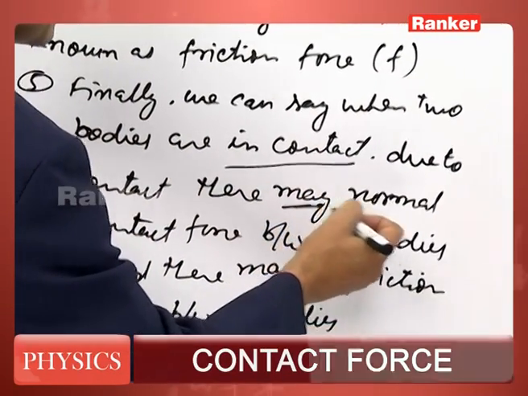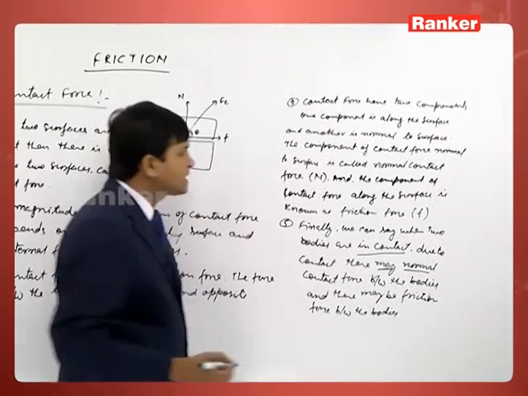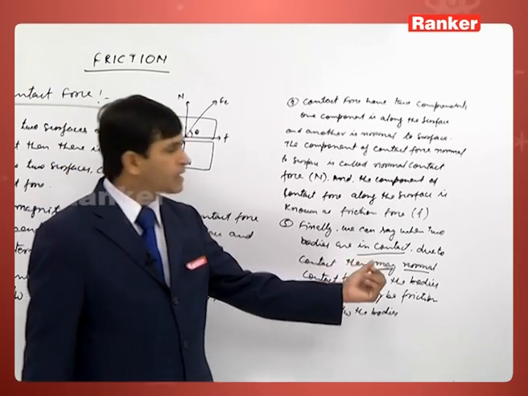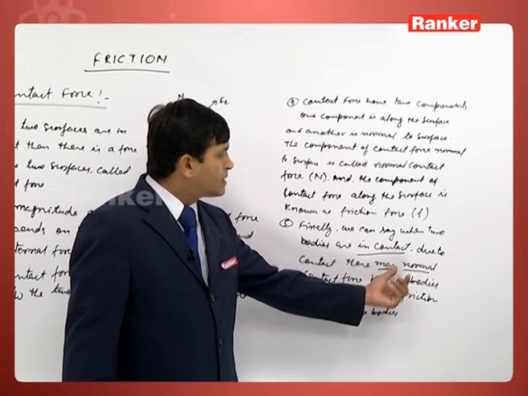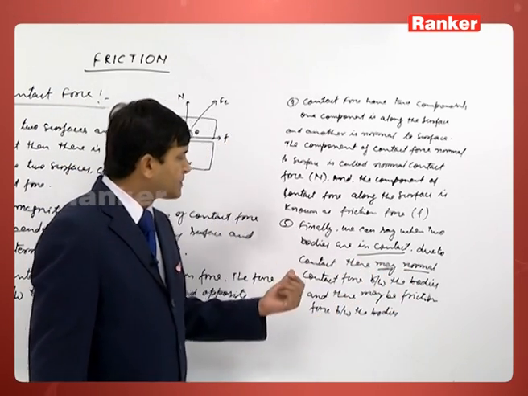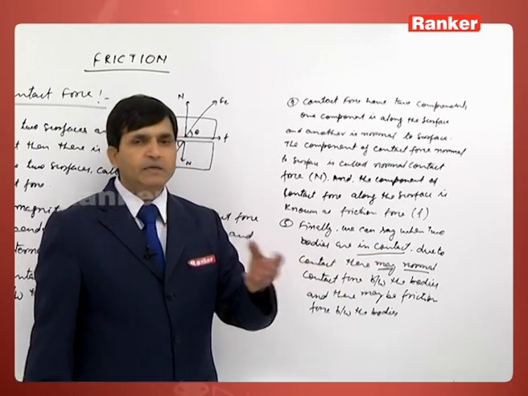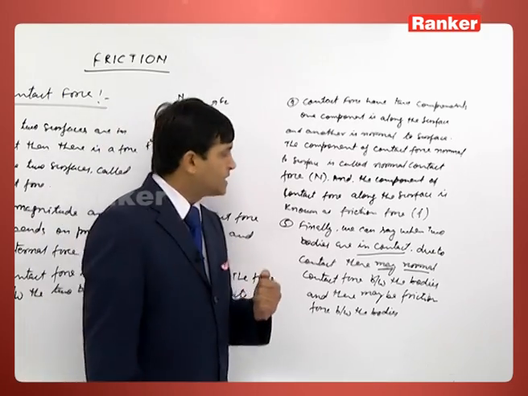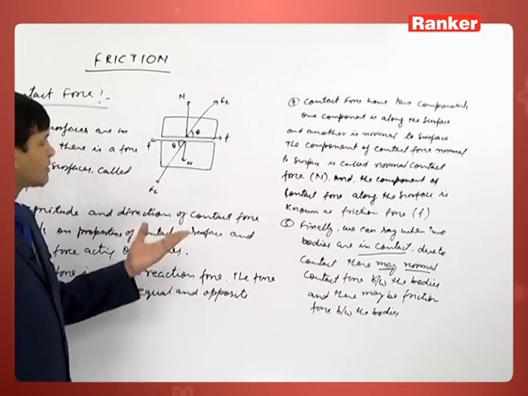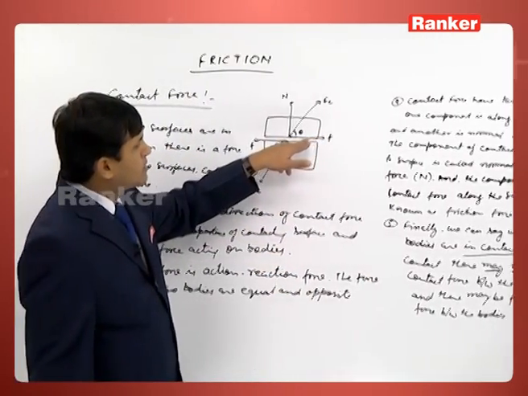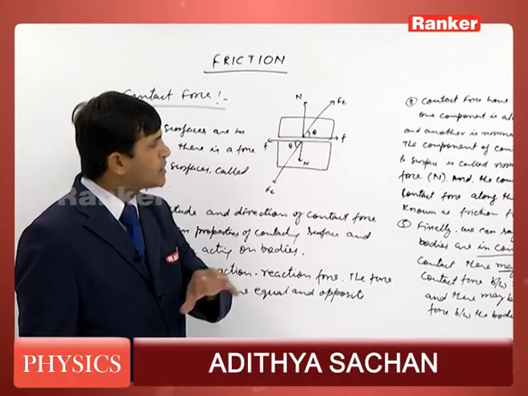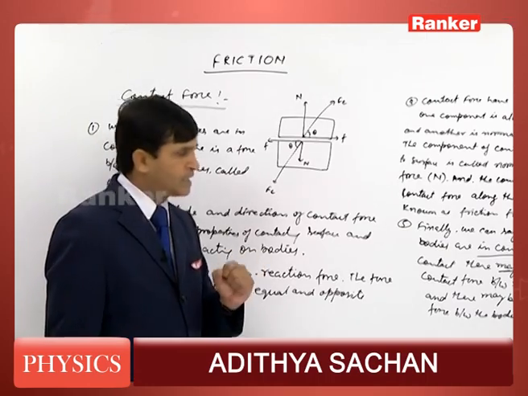The term "may" is very, very important. It is not necessary that whenever two bodies are in contact, a normal contact force is there. Sometimes it may be there, sometimes it may not, depending on the other conditions. As I told you, contact force depends on the nature of the two contacting surfaces as well as on the external forces.